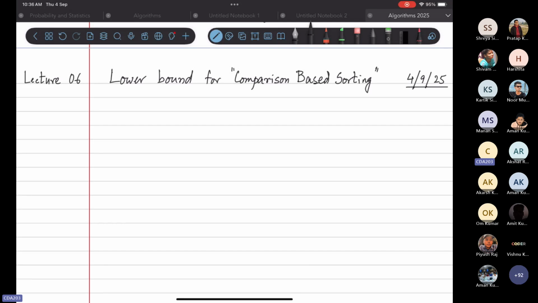We'd like to investigate what's the lower bound for the sorting problem. And it turns out that this lower bound for the sorting problem would be omega n log n.